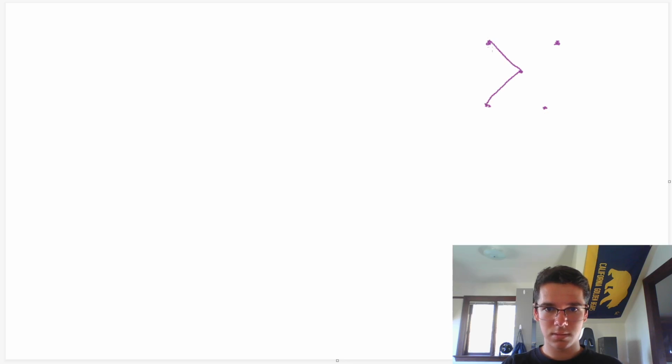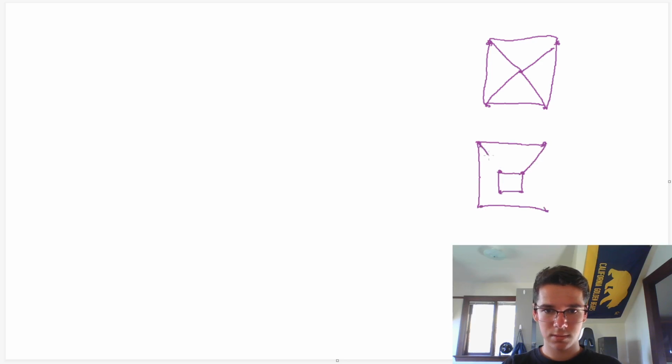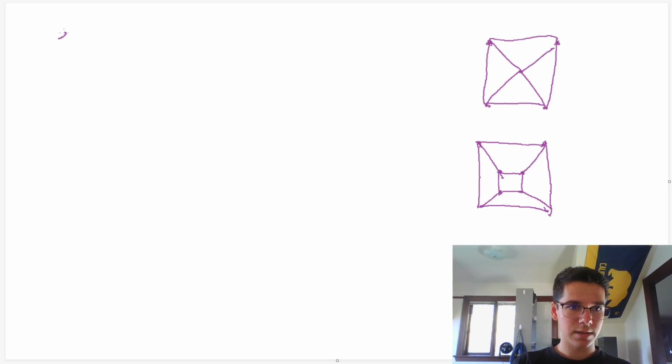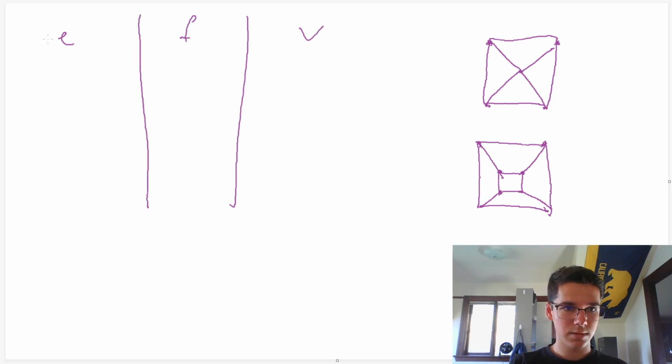Actually, both of these can be found in the picture that we saw earlier. Okay, and then we're just going to keep track of the edges, the faces, and the vertices. I'm just going to mechanically go through this.